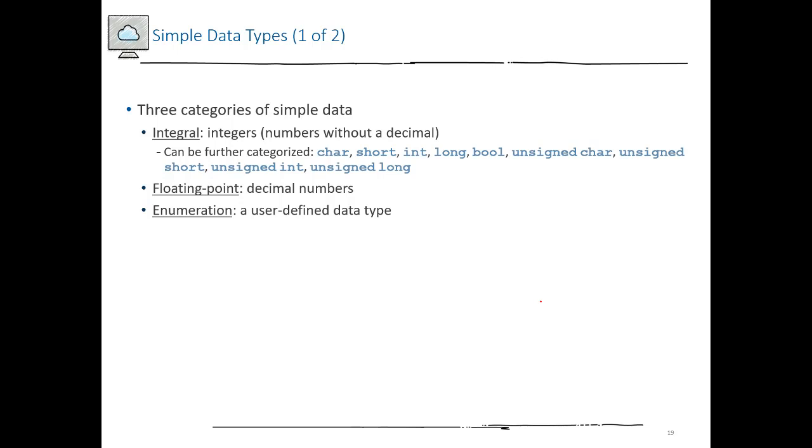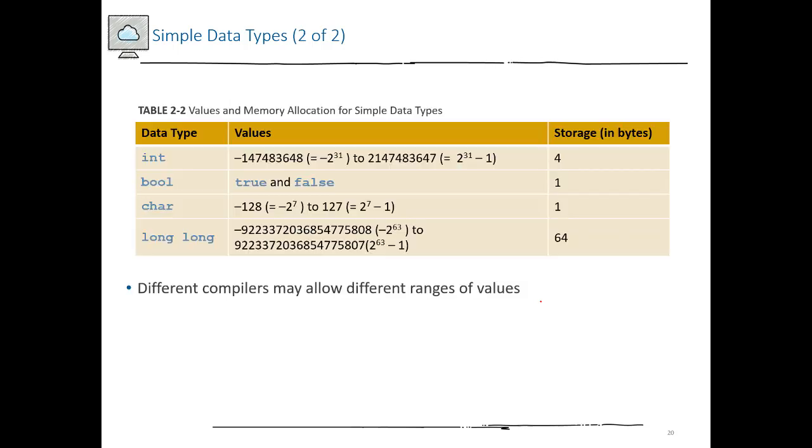Then there are floating numbers, which are decimal numbers, and they are 4 bytes in length, I believe. And then enumeration, that's the user-defined data types. Here are some of the values and memory allocations for simple data types. Integer has 4 bytes, Boolean 1 byte, character 1 byte, and long is 64 bytes. It's a pretty big range there, as you can see.